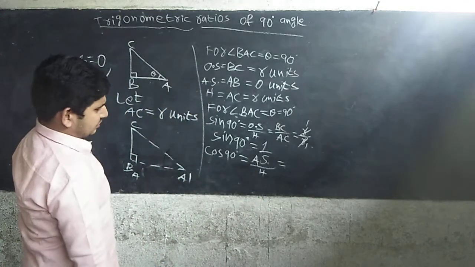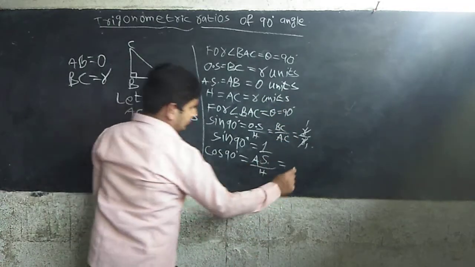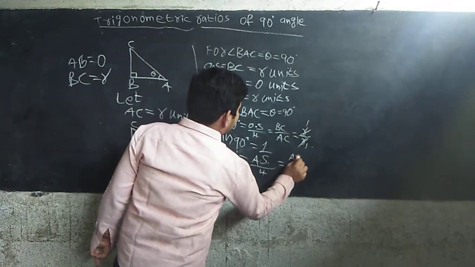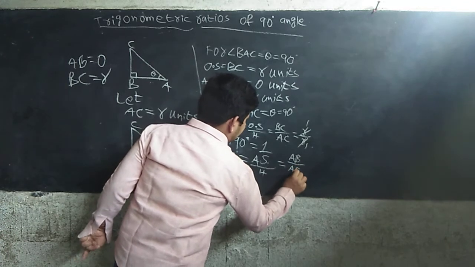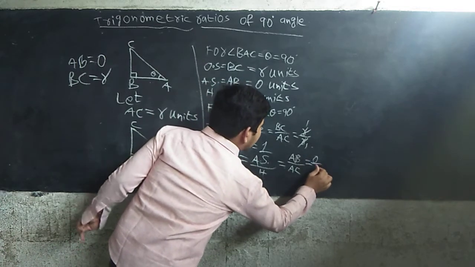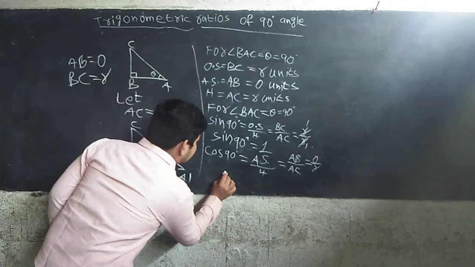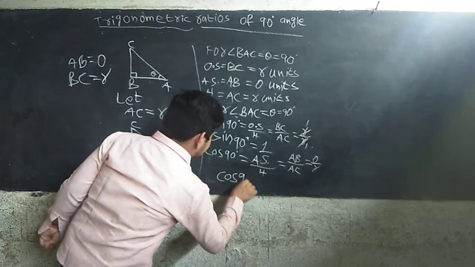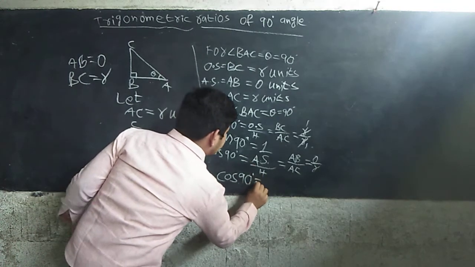Adjacent side equal to AB, so AB by AC. AB equal to 0, so 0 over R, 0 by something is 0. So cos 90 degrees is equal to 0.